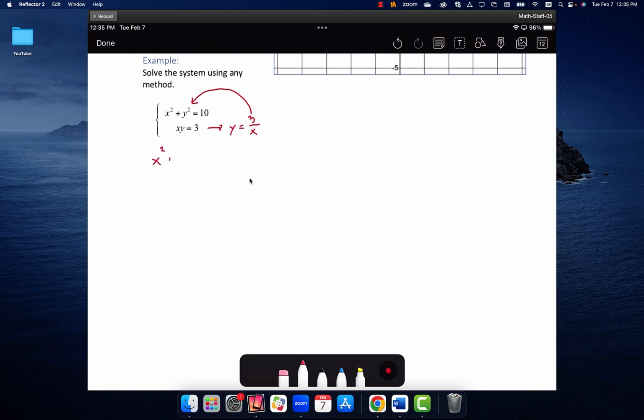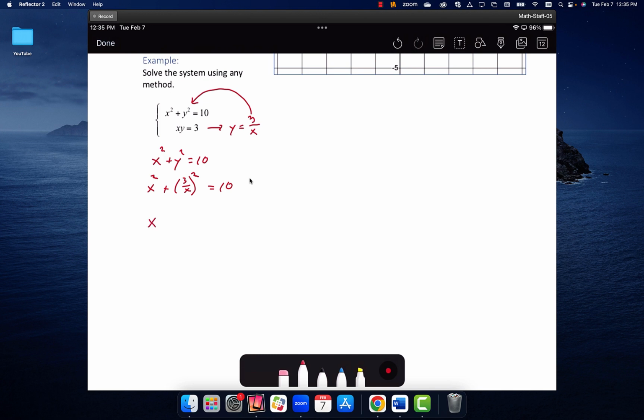So I have x squared plus y squared equals 10, the first equation, and we're going to replace y with 3 over x. Now we just need to go through and simplify this.